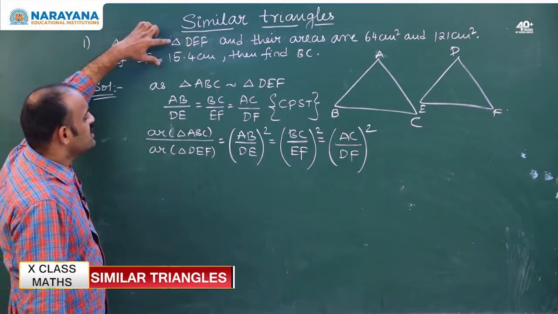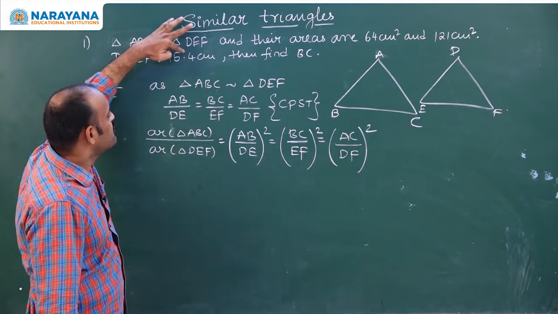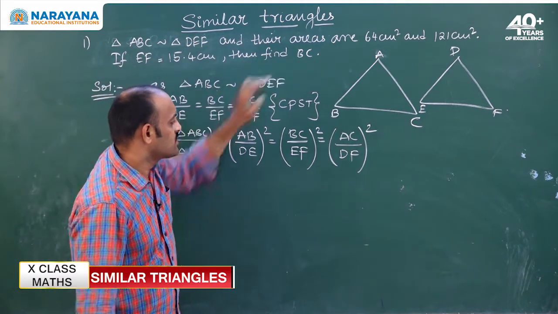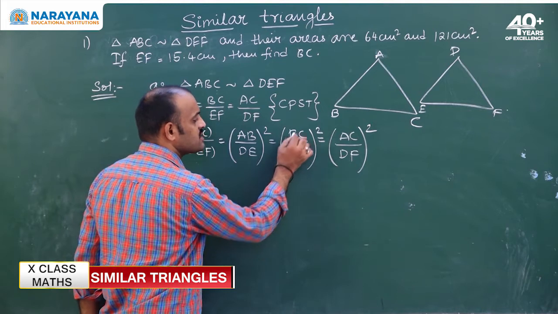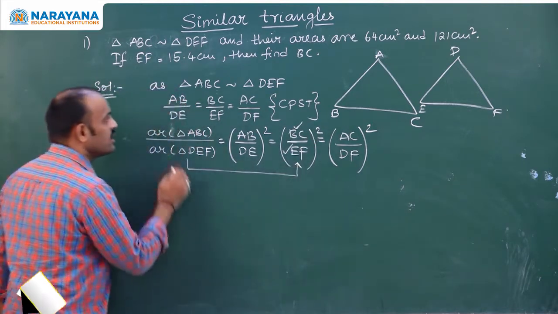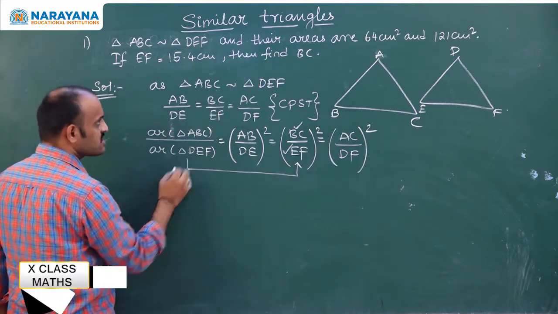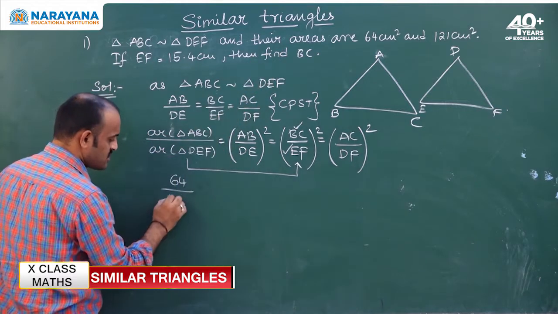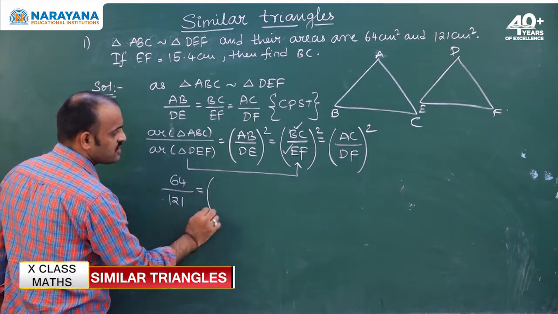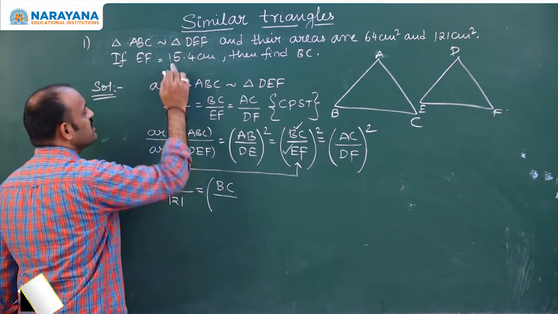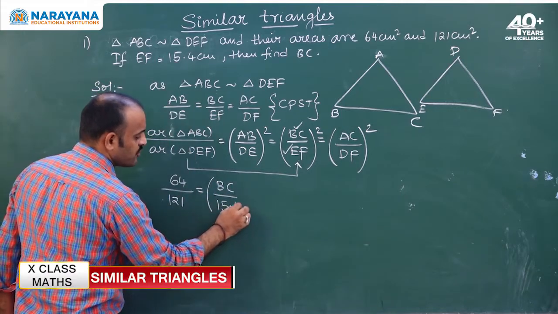Now, EF value is given as 15.4 centimeters and we are asked to find BC. So consider these two only. Area of triangle ABC is given as 64, area of triangle DEF is 121, equal to BC by EF whole square, where EF is 15.4.